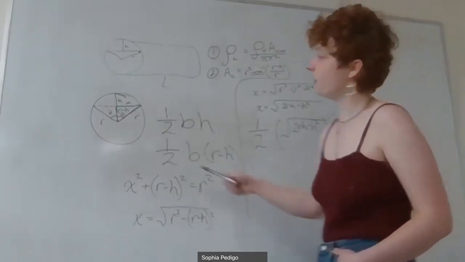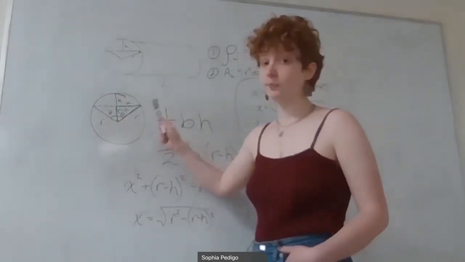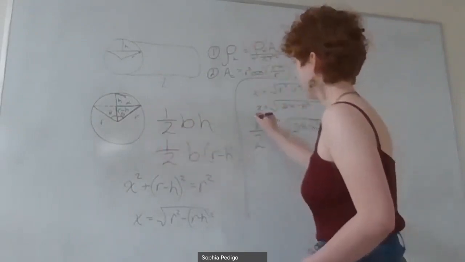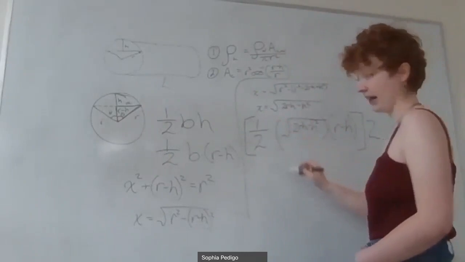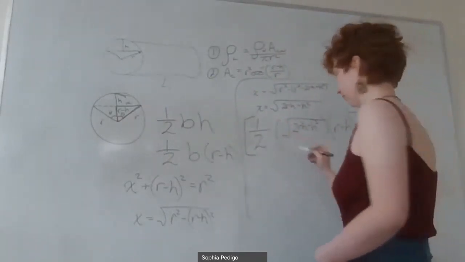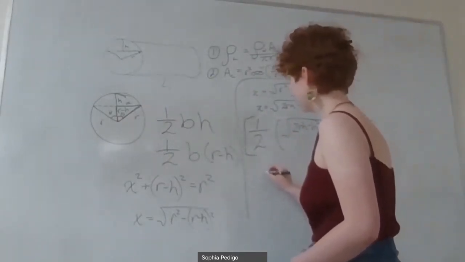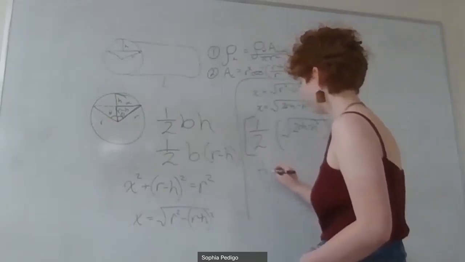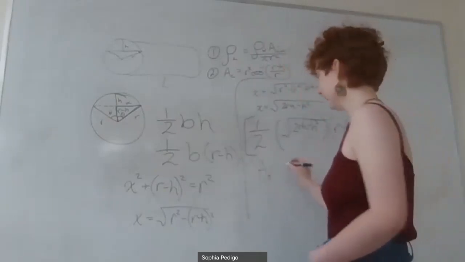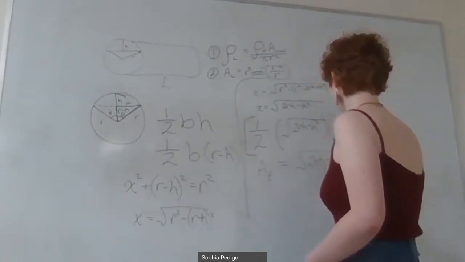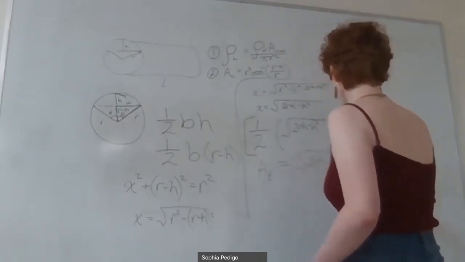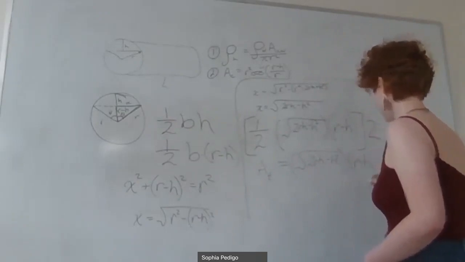Now notice that I only solved for the area of one triangle, and we need both triangles. So we're going to multiply this whole quantity by 2, and the 2's are going to cancel out because we have this 1/2 in front. That's going to leave us with the area of the triangle, which I'll call A sub t, equal to the square root of 2rh minus h squared, all of that multiplied by r minus h.